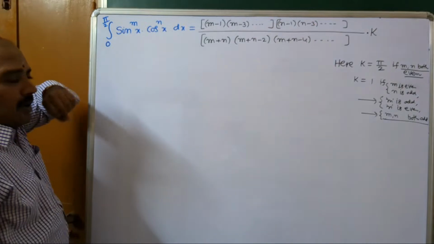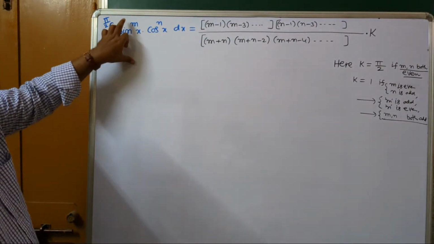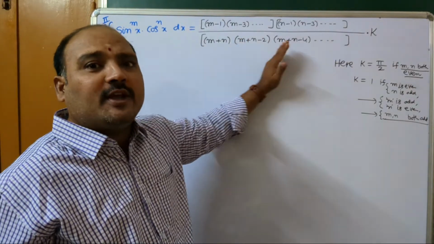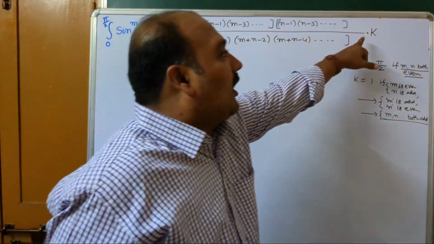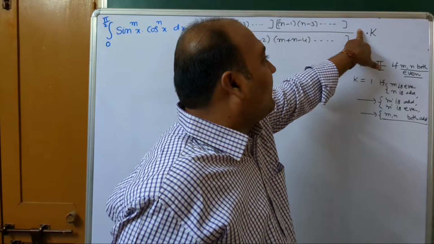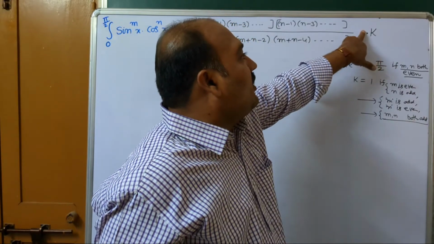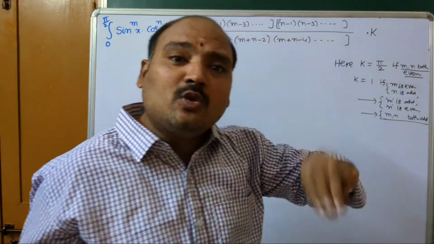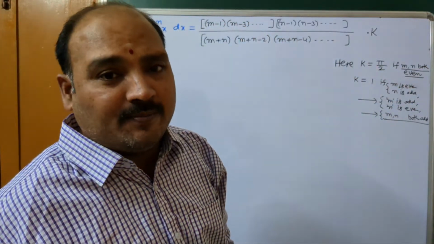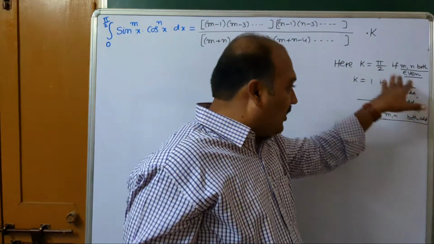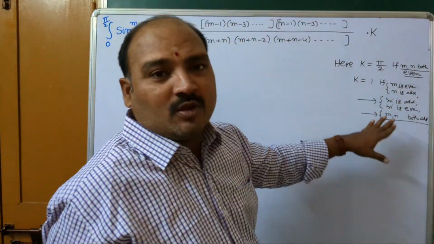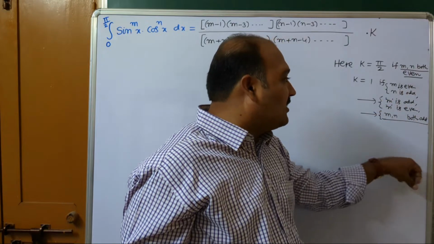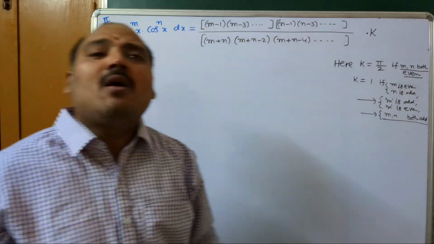After that, in the denominator, the sum of these two powers you should write first. After that 2 you can subtract, into k. So what does k value represent? K value is equal to pi by 2 if m comma n both values are even numbers. Otherwise, these three cases will come: m is an even number and n is an odd number, m is an odd number and n is an even number, m comma n both are odd numbers.